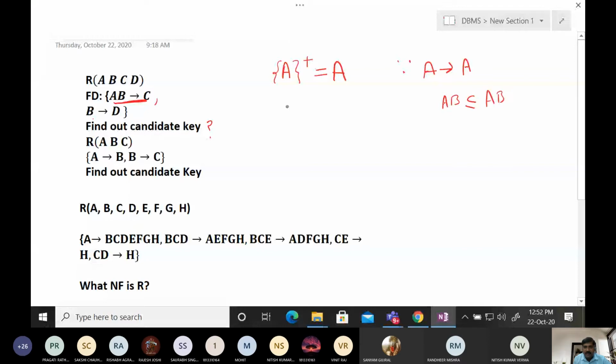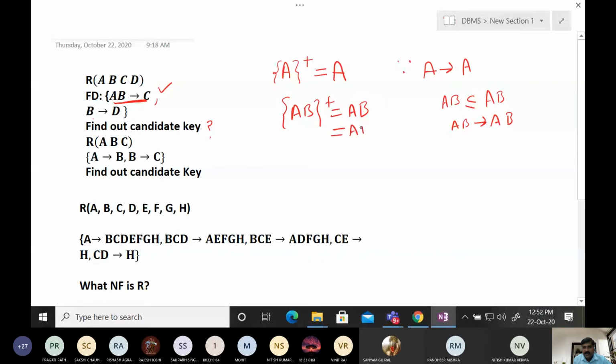So in the closure of AB, we will associate the right hand side attributes.